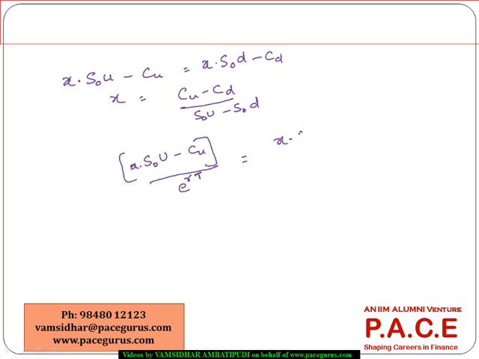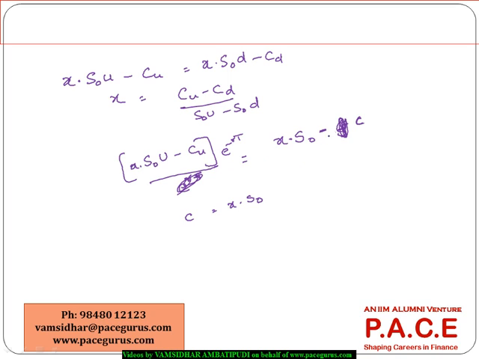I have X shares purchased at S naught today, and I have sold a call option which gives me a premium equivalent to C. So if I am trying to find the value of C, it comes out as X times S naught, and I would write it with e power minus RT.